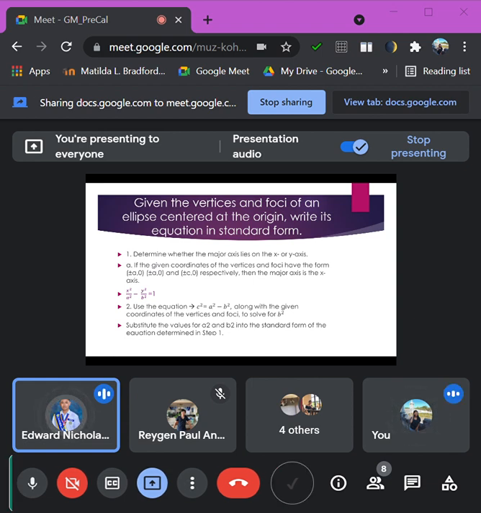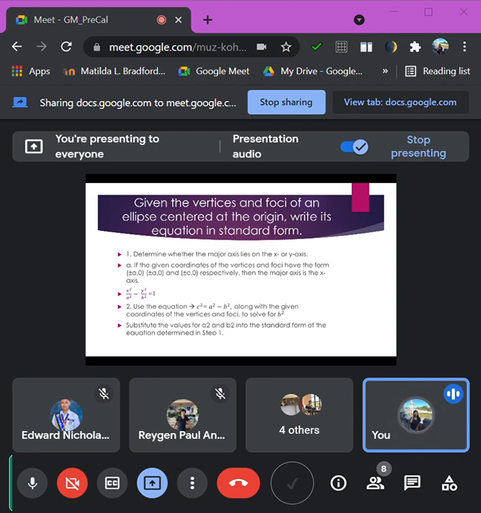Number 2, use the equation c squared equals a squared minus b squared, along with the given coordinates of the vertices and foci to solve for b squared. Substitute the values for a squared and b squared into the standard form equation determined in step 1. Okay, thank you, Edward, for reading our sentences here.